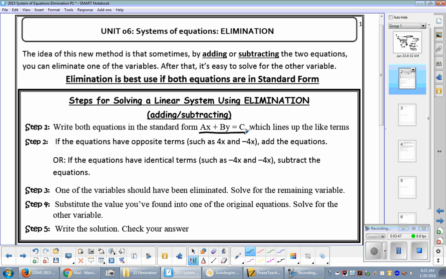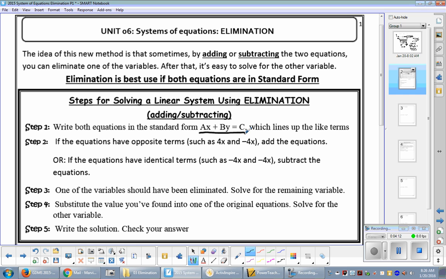If the equations have opposite terms, such as 4x and negative 4x, if you add the equations, you'll be able to cancel out your x. Or if you have identical terms, such as negative 4x and negative 4x, you'll be able to eliminate your x if you subtract the two equations.